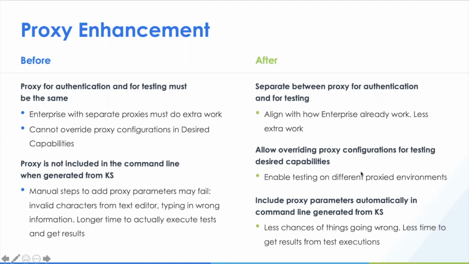And the system proxy is basically everything else. So connections from browsers, API testing, mobile testing, all of the connections from your testing activities will pass through the system proxy. So that's how we resolve the first problem.